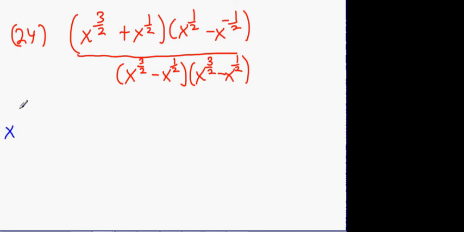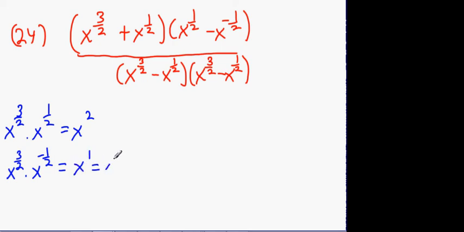Can anybody tell me, what's x to the 3 over 2 multiplied by x to the half? 4 over 2, which is x squared. Next, what is x to the power of 3 over 2 multiplied by x to the power of minus a half? X to the power of 2 over 2, which is x to the 1, or thus x. Next one.